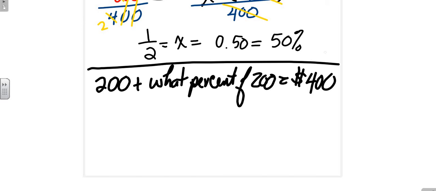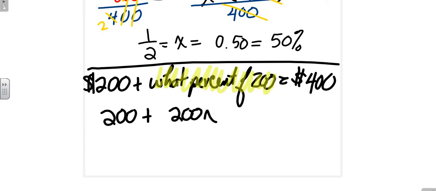That's the way it's phrased. $200, that was our original, plus what percent of 200 equals $400. Translating this to an equation, 200 plus, of, that's multiplication, 200x equals $400.